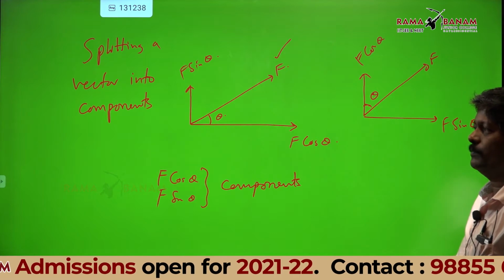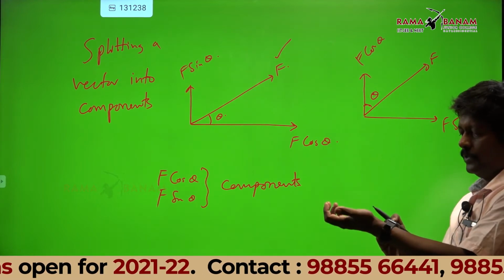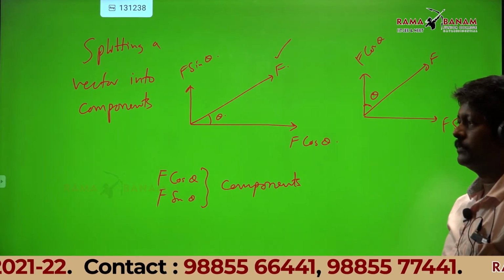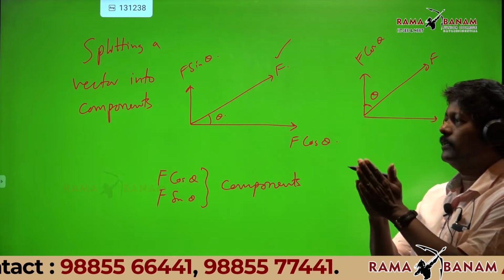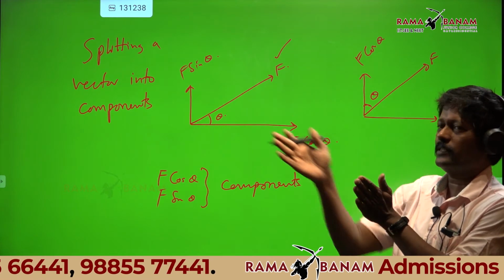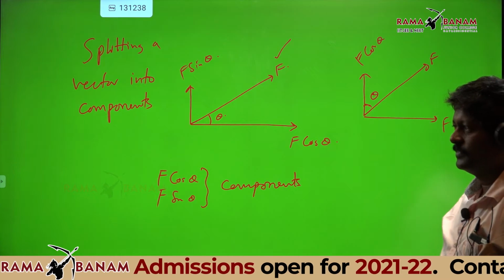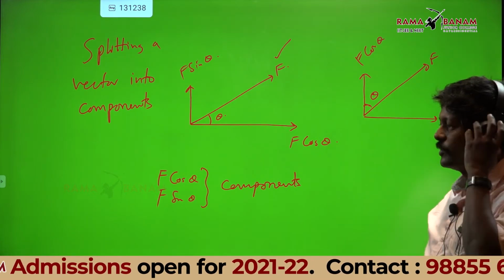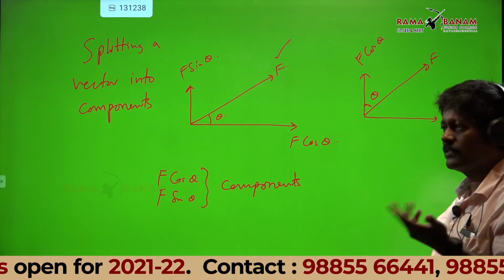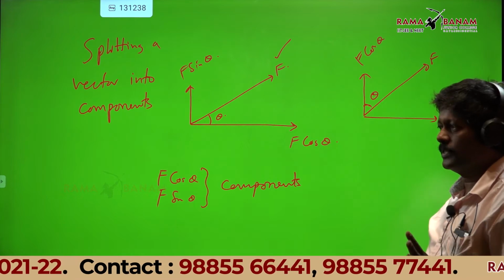For example, time. Now time is suppose 10:15. You cannot say what is the time in this direction, what is the time in that direction, nothing. You can't split time. Scalars you cannot split because it is meaningless. Only vector can be split.